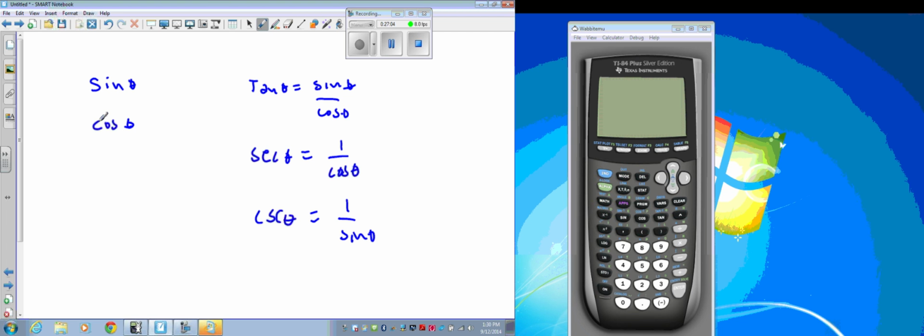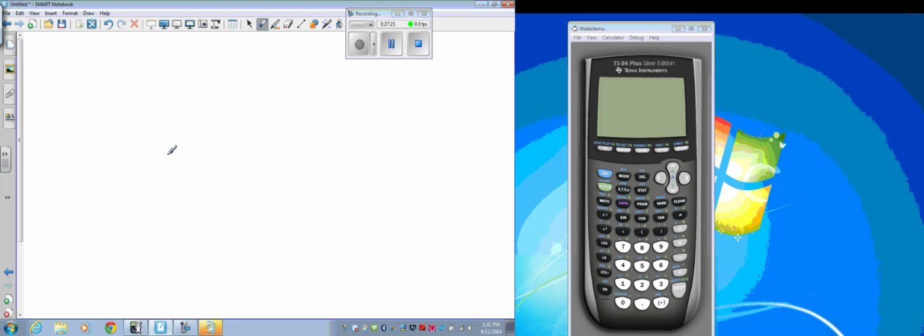Right triangle trig is used extensively in surveying with similar triangles, because what you do is you turn angles. In right triangle trig, usually you're dealing with some object.